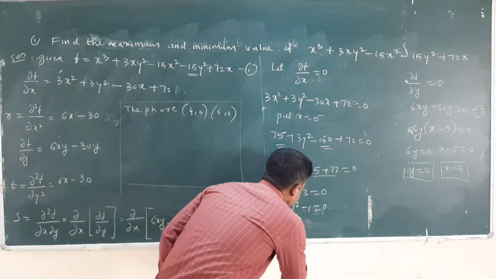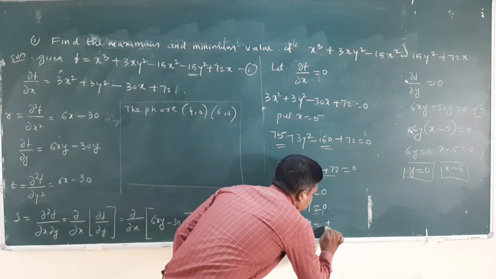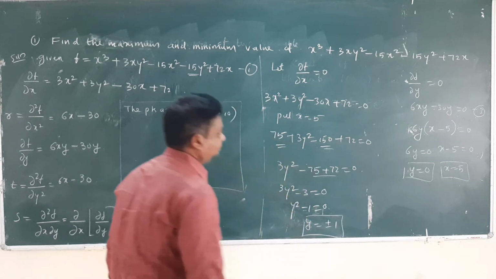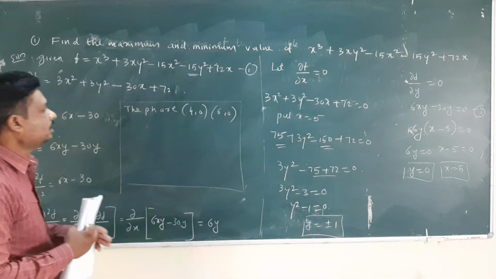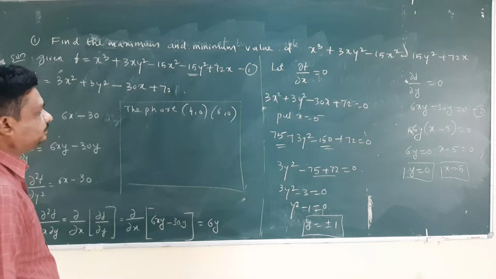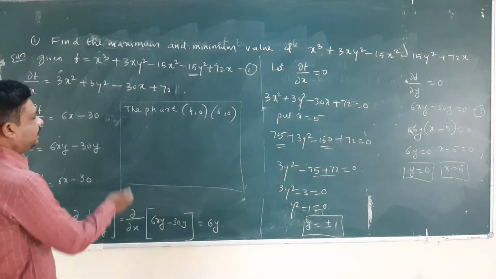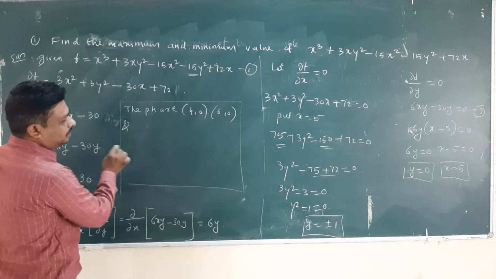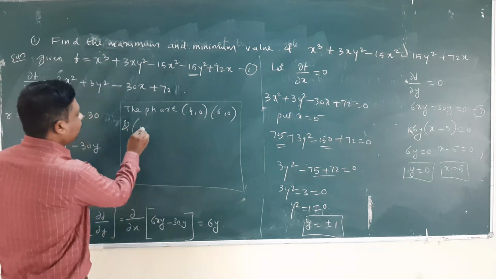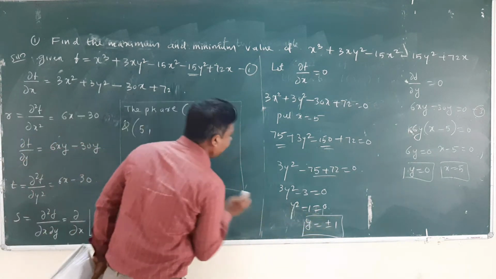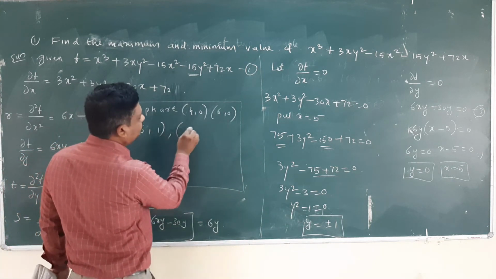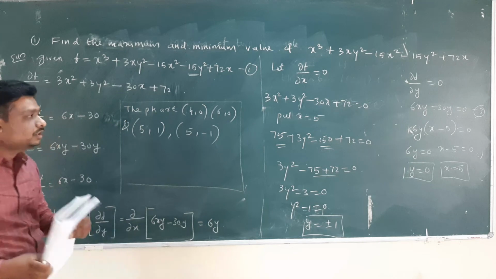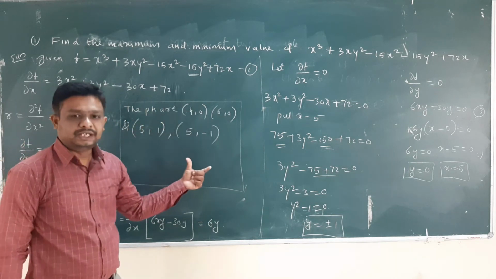So I will get y equal to plus or minus 1. So for x equal to 5, I got y equal to plus or minus 1. So x equal to 5, corresponding value of y is 1, and one more value is minus 1. So these are our points of intersection.